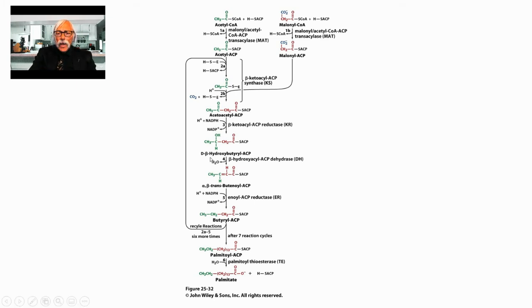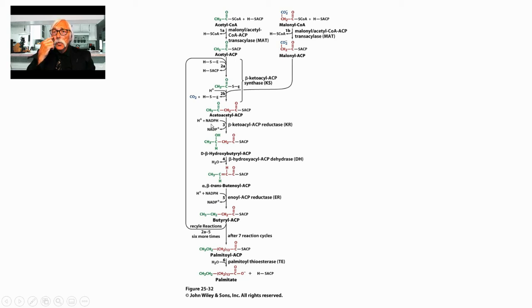And there you have now this D-beta-hydroxybutyryl, which is only the 4 carbon, because I'm showing you from the beginning, acyl ACP. This enzyme here is beta-ketoacyl ACP reductase, KR for short, right? And you're going to then oxidize the NADPH, and so that's going to have to be resynthesized.